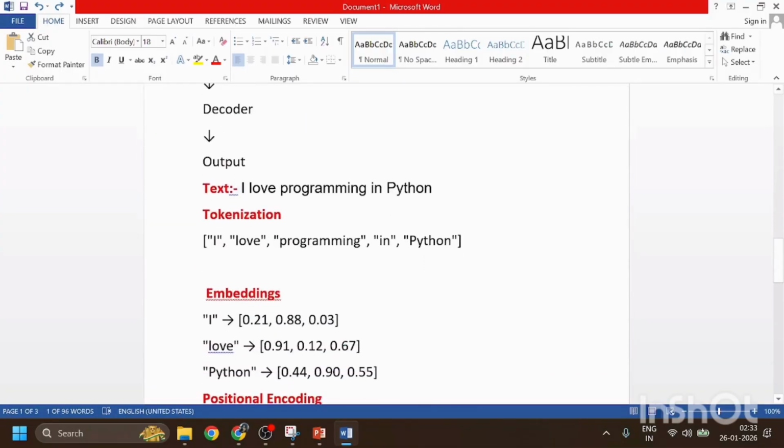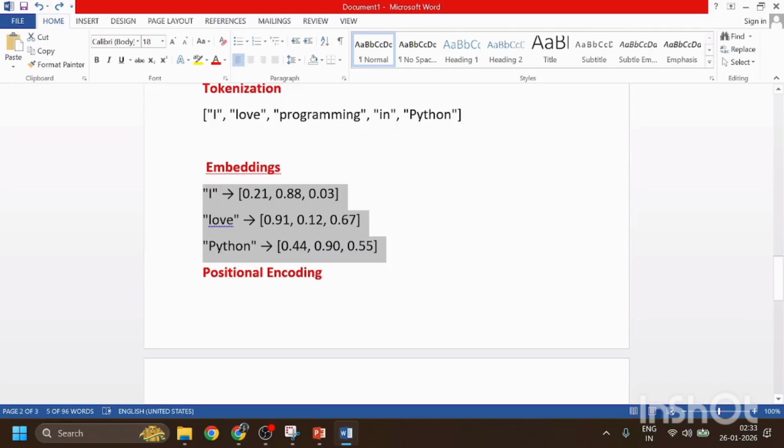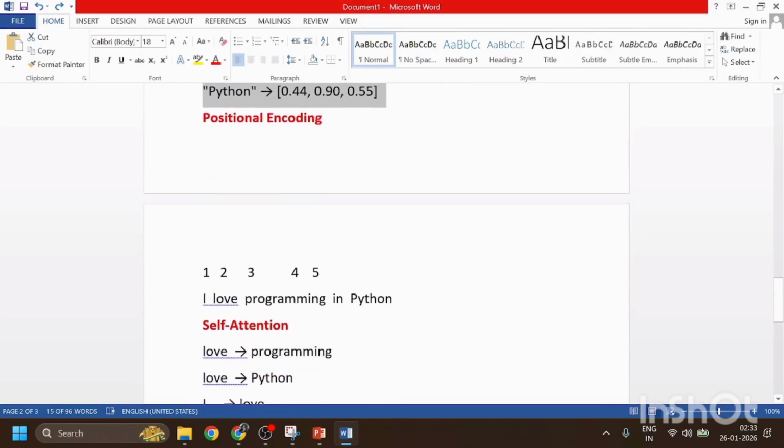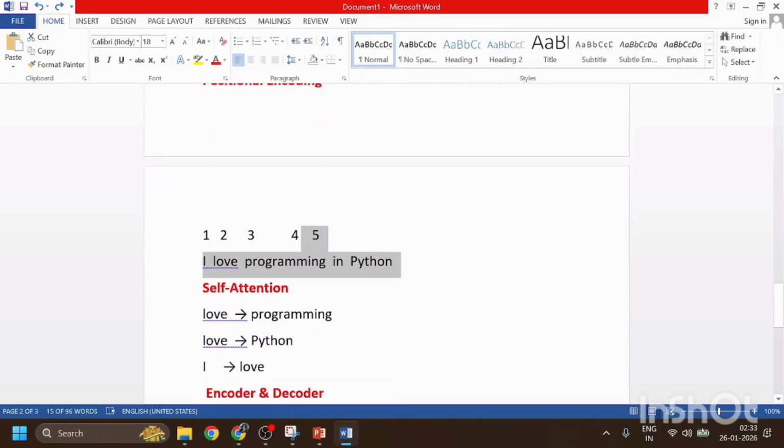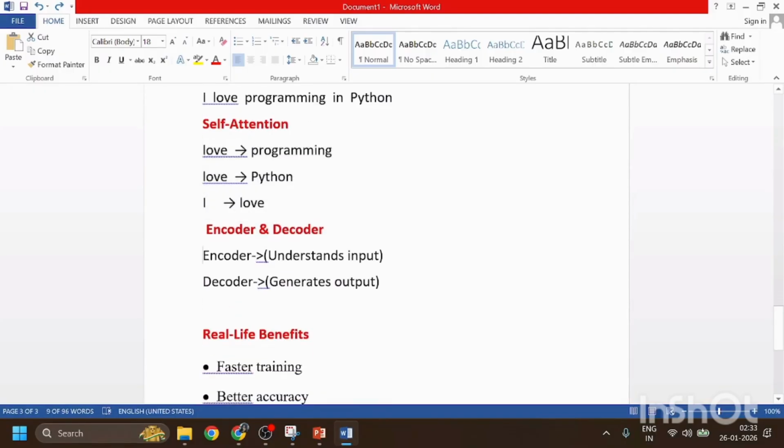Embedding converts text into a numeric format, that is vectors.